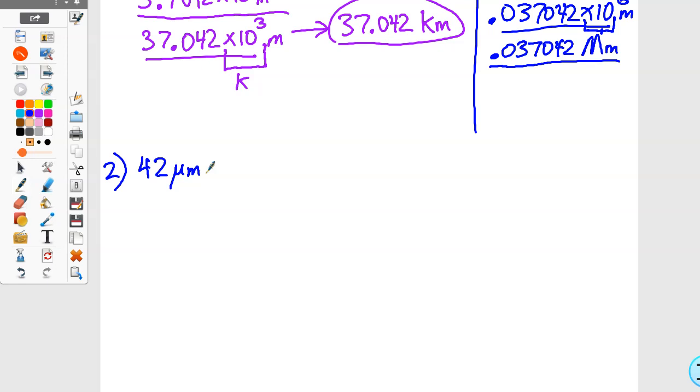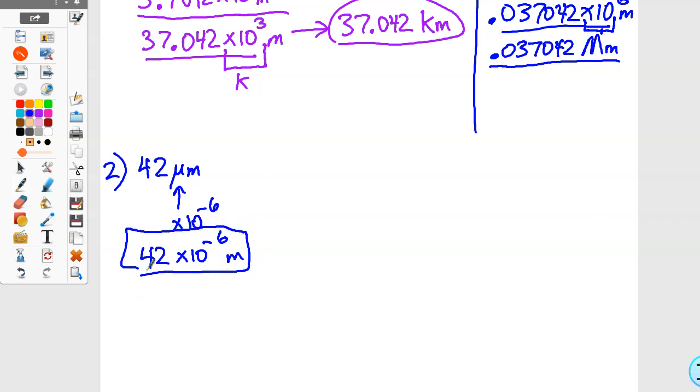This is a pretty easy process. All you have to do is figure out what power of 10 your prefix means. Micro means 10 to the negative 6. And literally just replace the prefix with that. So 42 times 10 to the negative 6 meters, and you're done. You could stop there. It's 42 times 10 to the negative 6 meters.